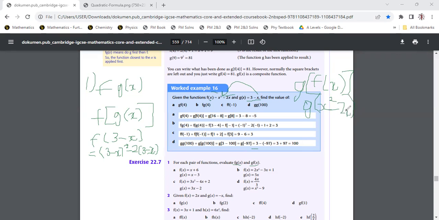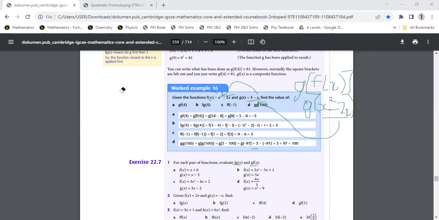So when you get x squared minus 2x, you need to replace this in x. So as a practice, we try this question in the exercise here. Let's see how you would tackle the question in terms of the value. It's a bit confusing, but it's pretty simple once you get it.